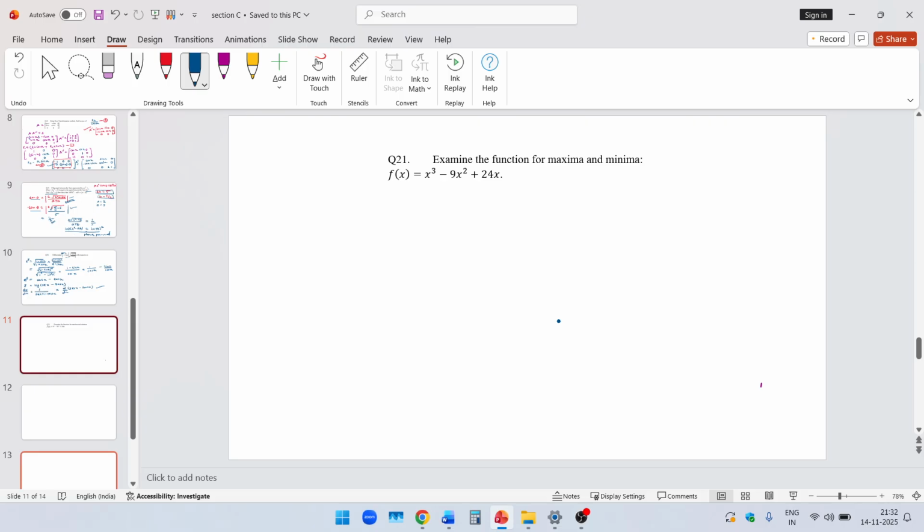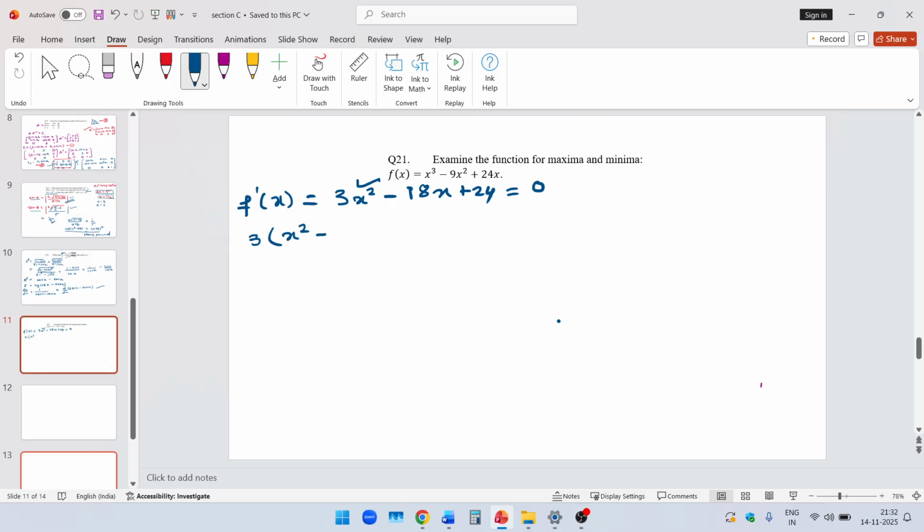Examine the function for maxima and minima. Here what I'm going to do is, I'm first going to take first derivative of f of x, that is 3x square minus 18x plus 24. Next I'm going to equate this equation with 0. So I can take 3 common.